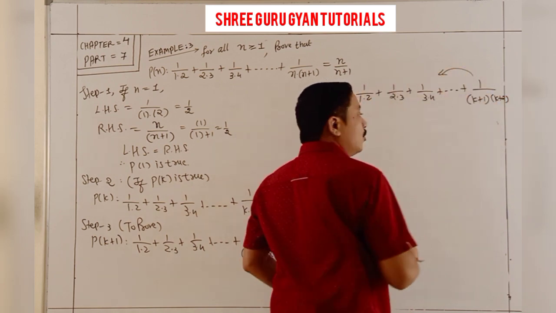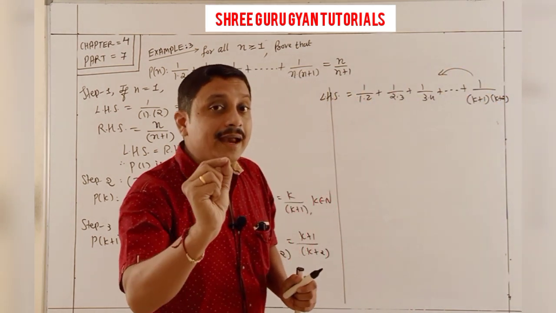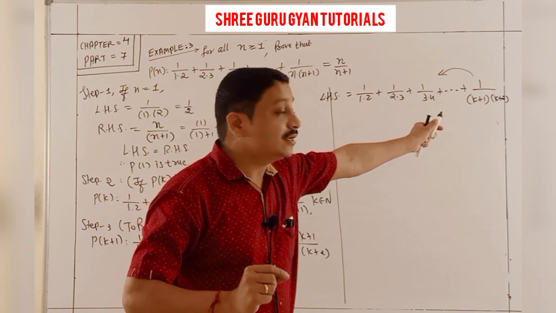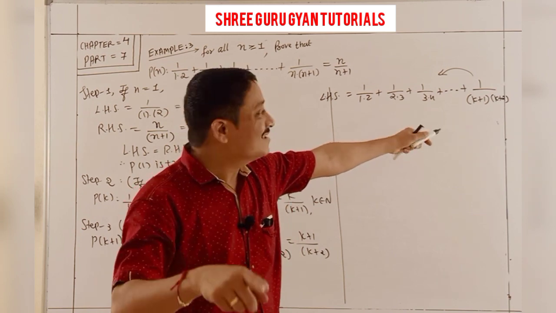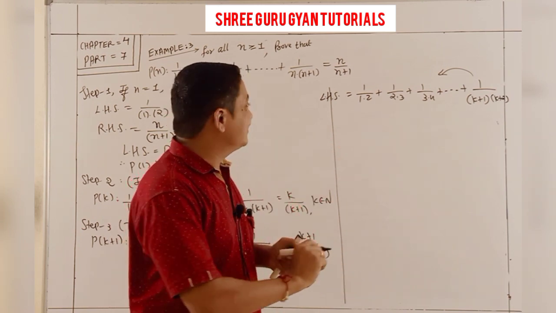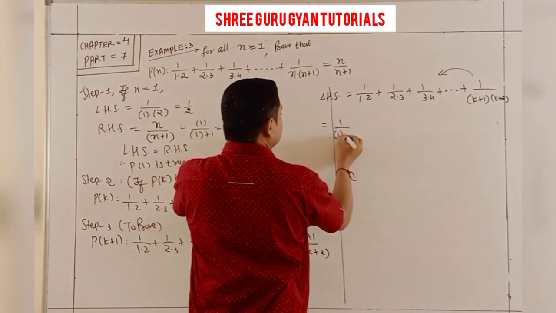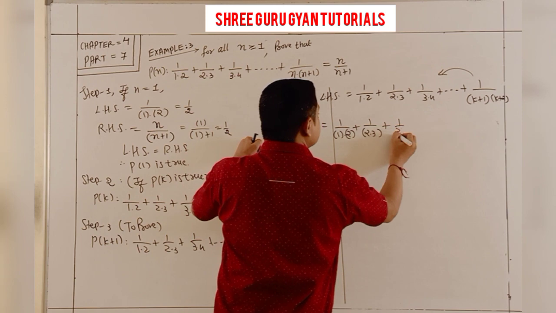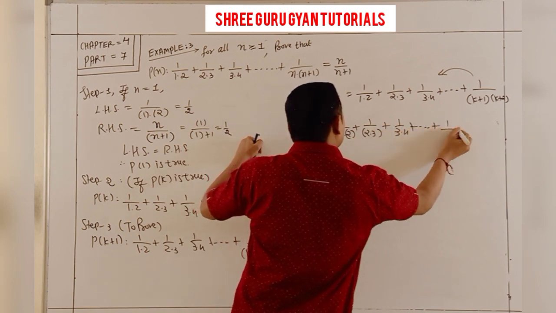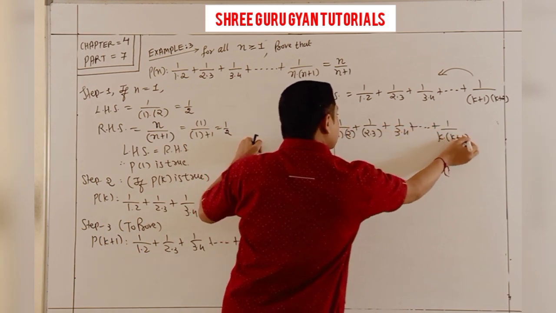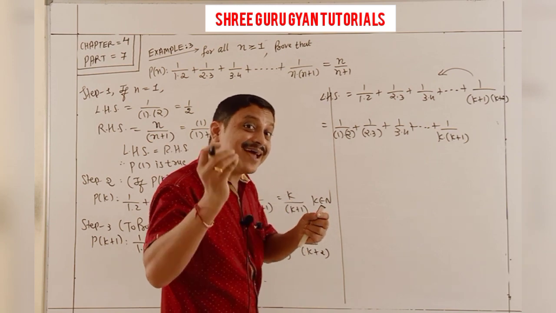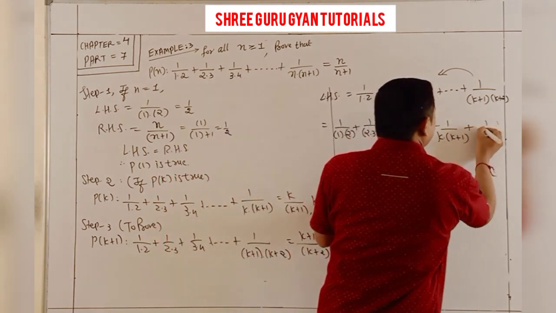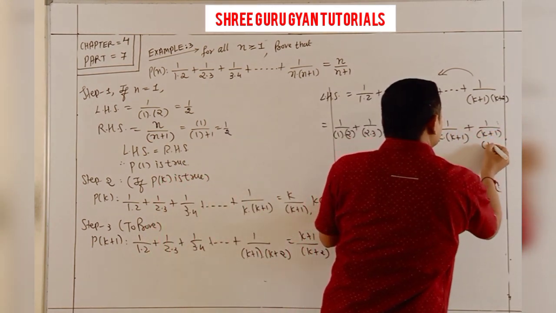Only, you think about one last term. Yes, you are correct, it is the k and k plus 1 term. Again rewrite the whole data, same as here, 1 upon k plus 1, and the last step as it is, k plus 1, k plus 2.